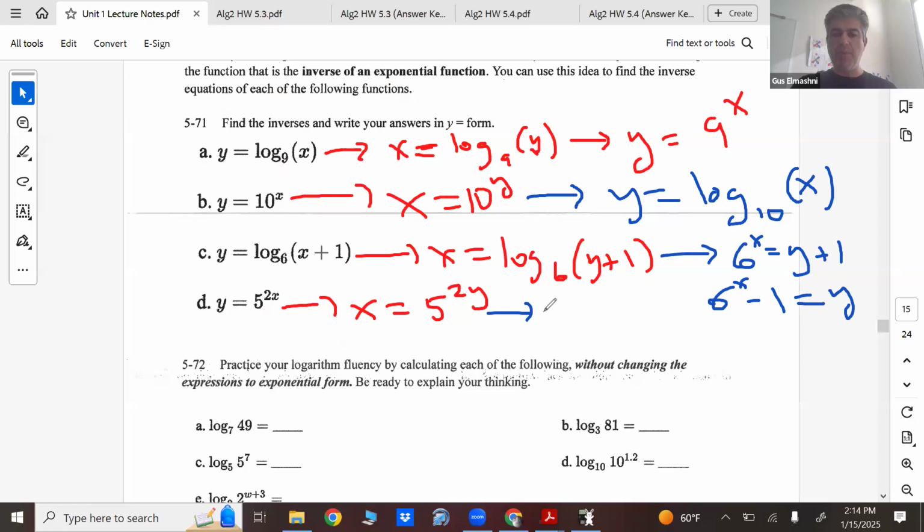And then lastly, for this one, you're going to use log base 5 of x equals 2y. So y will be log base 5 of x, over 2.